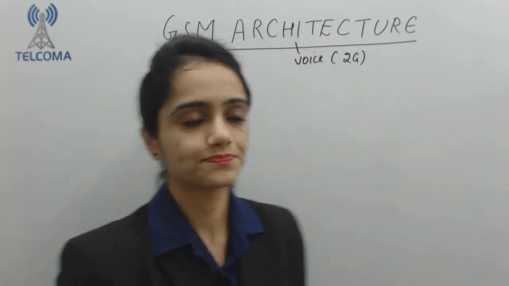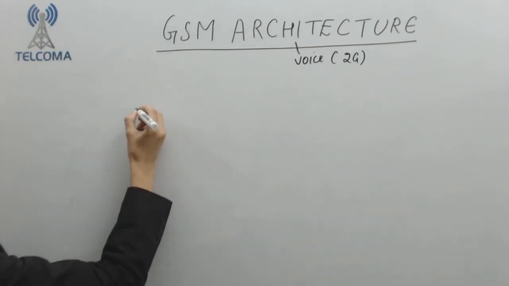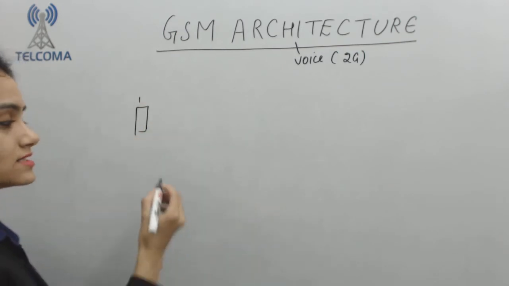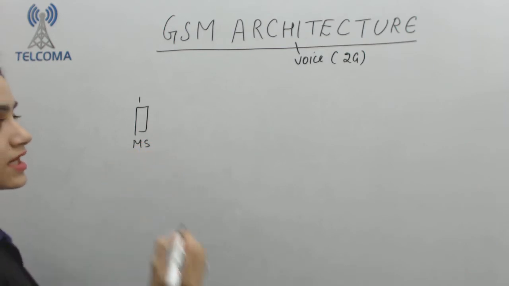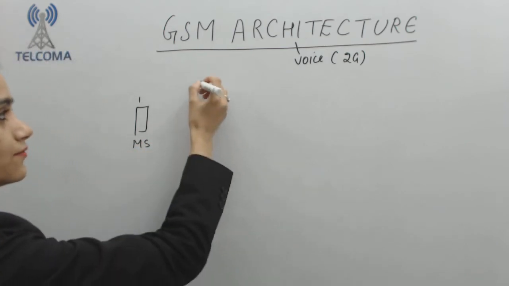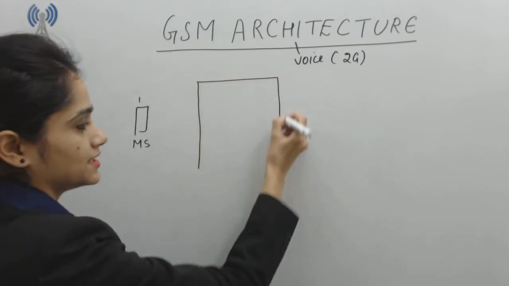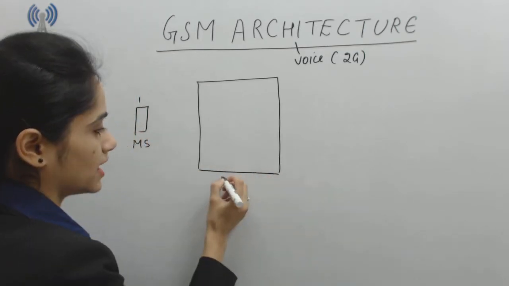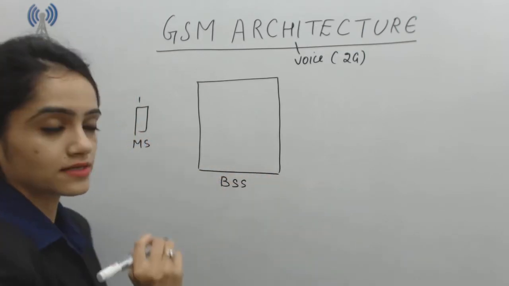So as GSM architecture, the very first entity which is required is the mobile station. Next, as per the desired network architecture overview, we require a part, and that is the BSS part.